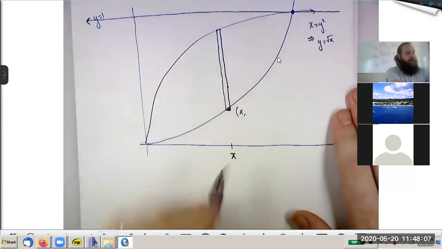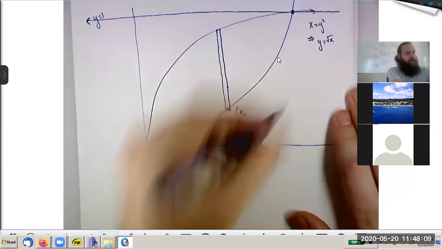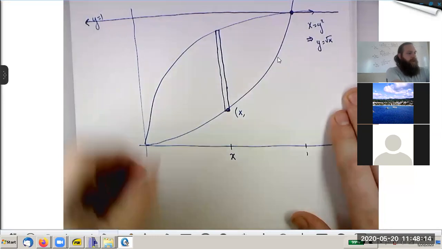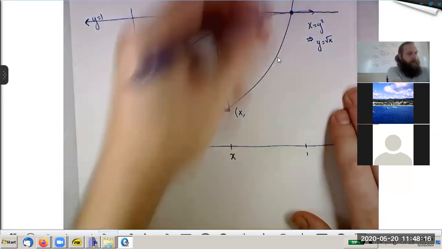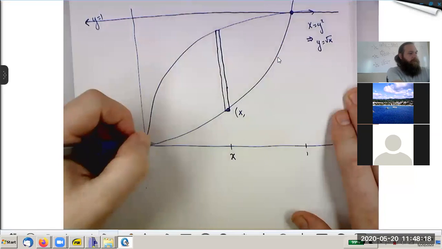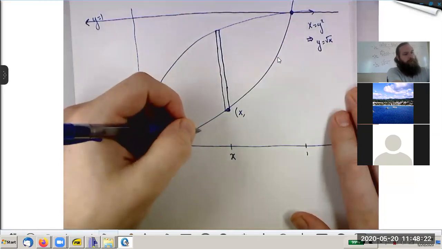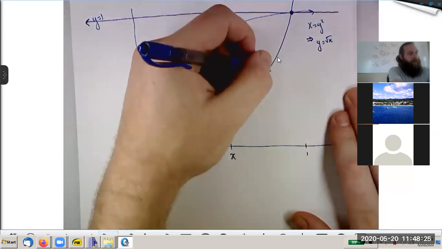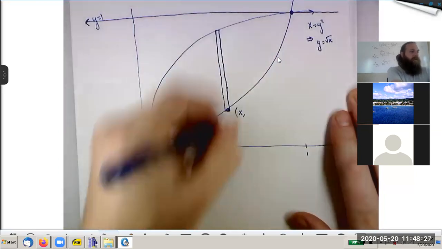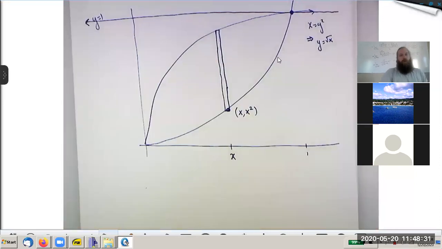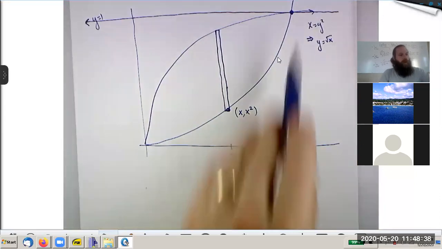Its x coordinate is x because I'm thinking of this as occurring at a generic point there between 0 and 1. And since I'm along the curve y equals x squared, that means every point along this curve is of the form something comma that thing squared. Like if this was 1/2, it would be 1/2 comma 1/4. If it was 3/4, it would be 3/4 comma 9/16. At x, it's just x comma x squared. That's what every point along the graph y equals x squared looks like. It's x comma y, where y is equal to x squared.